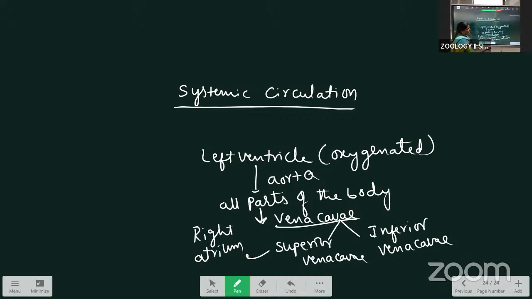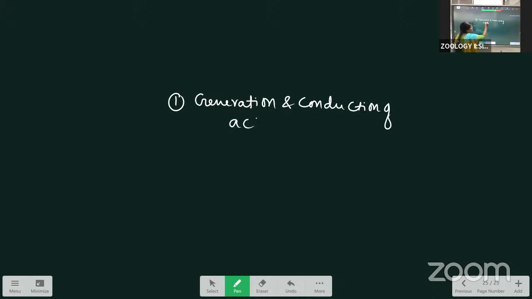Once more, I'll brief all those things about the working of the heart. Already we discussed that the working of the heart mainly has four events. The first is the generation and conduction of action potential.